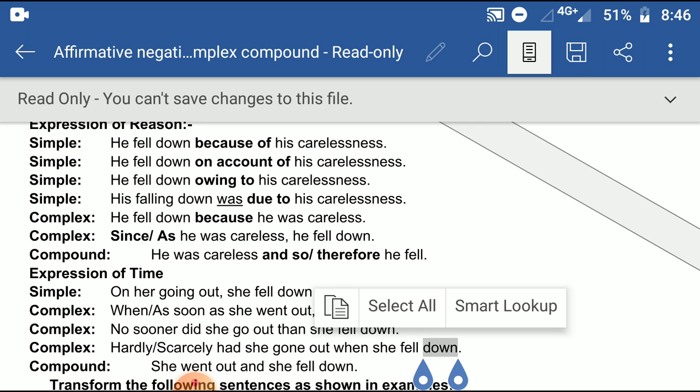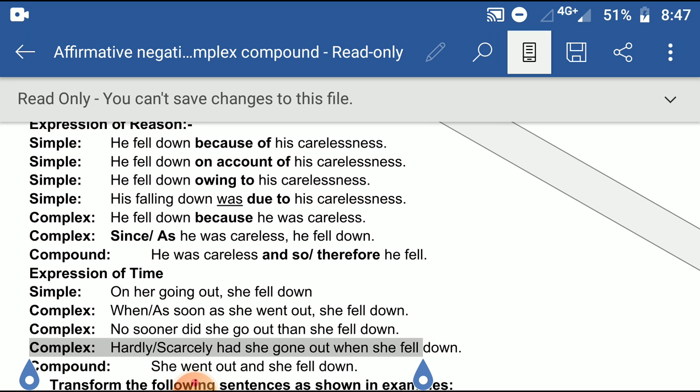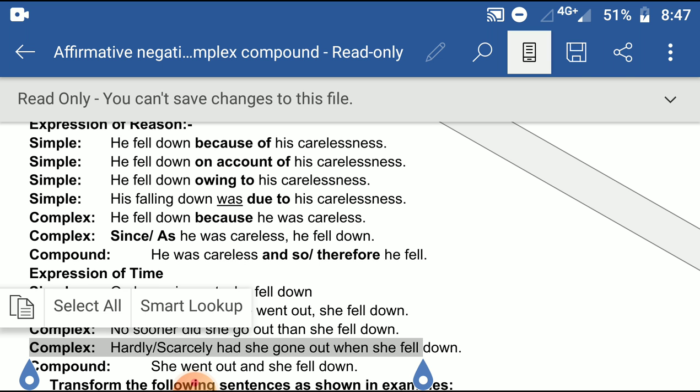When I explained the rules, I had told you which are the non-verbs, which appear like verbs but are not verbs. They are present participle, the ing form of the verb; infinitive, that is to plus root form of the verb; past participle, that is the third form of the verb; perfect participle, meaning having plus past participle, and its passive, having been plus past participle; and the last is being.